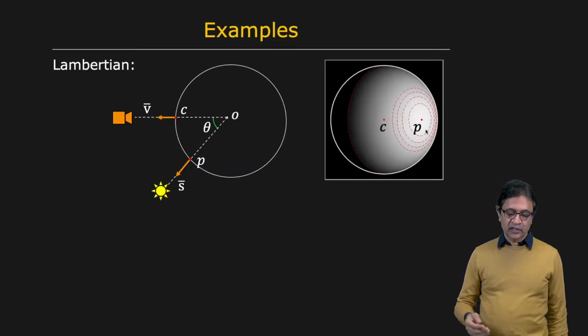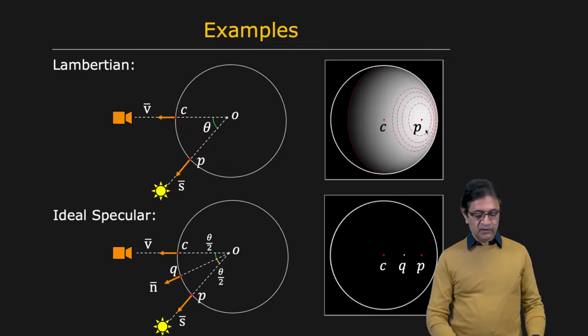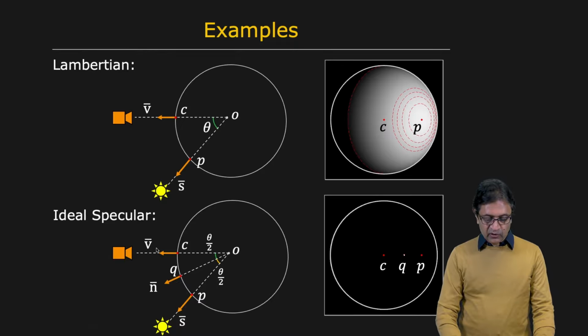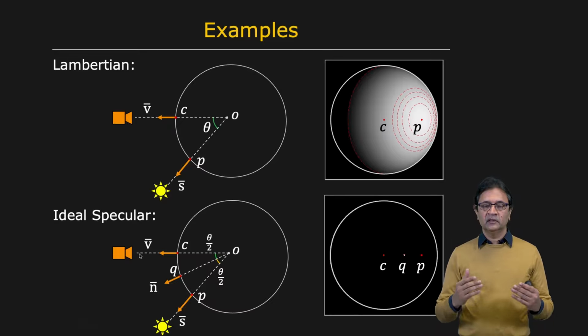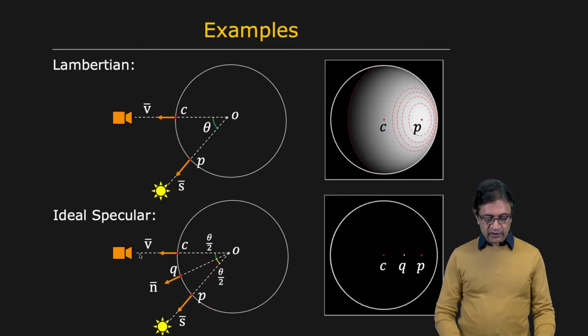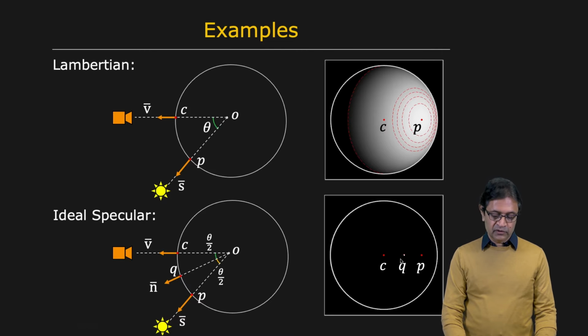Okay, now let's take a look at the other extreme, which is your ideal specular surface. Again, you're going to assume here that the camera and the light source are really far away. So the direction is V, the direction of the light source is S. And in this case, the camera observes a reflection, non-zero value, only for one point on the sphere.